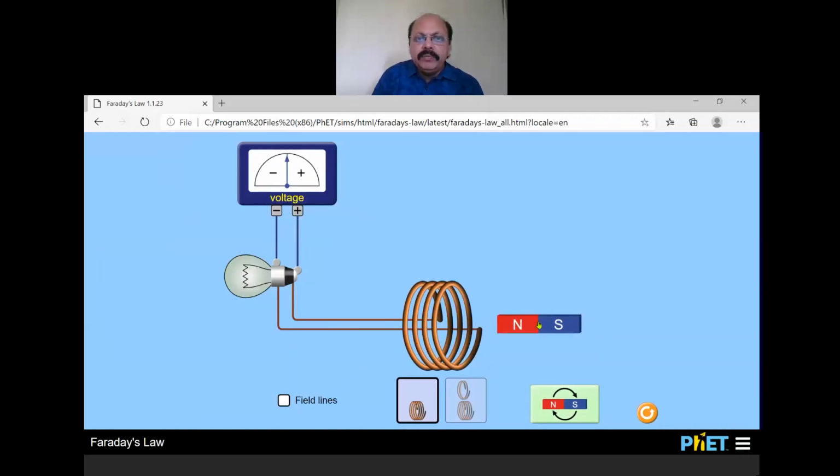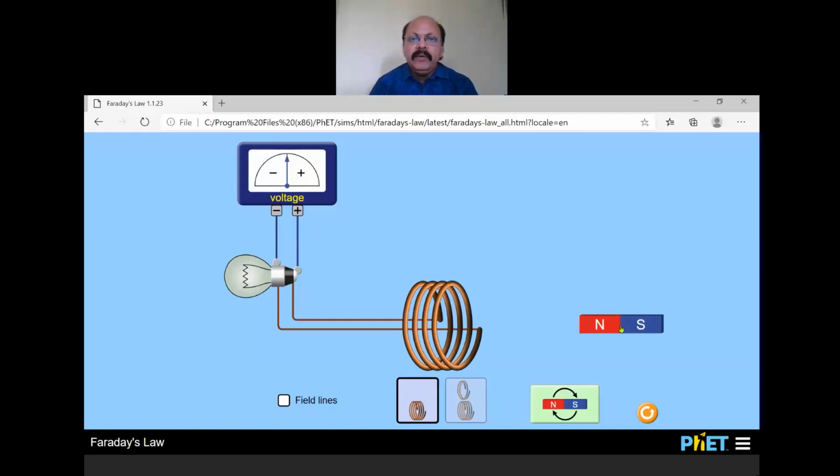Similarly, when we move the magnet with its north pole away from the coil with speed, then you see there is a large deflection in the galvanometer and the bulb glows. That indicates that the EMF induced in the coil is directly proportional to the rate of change of magnetic flux.